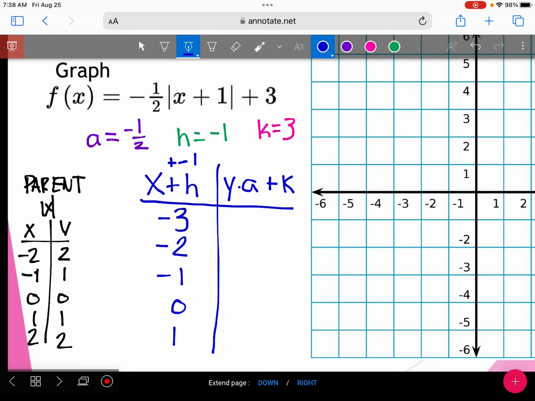For our y's, it might be easier sometimes to type these in a calculator, because this one is going to feel a little bit more like the stuff we did that first time when we were guessing in check-in. Because we're taking our y values, y times negative 1/2 plus 3.